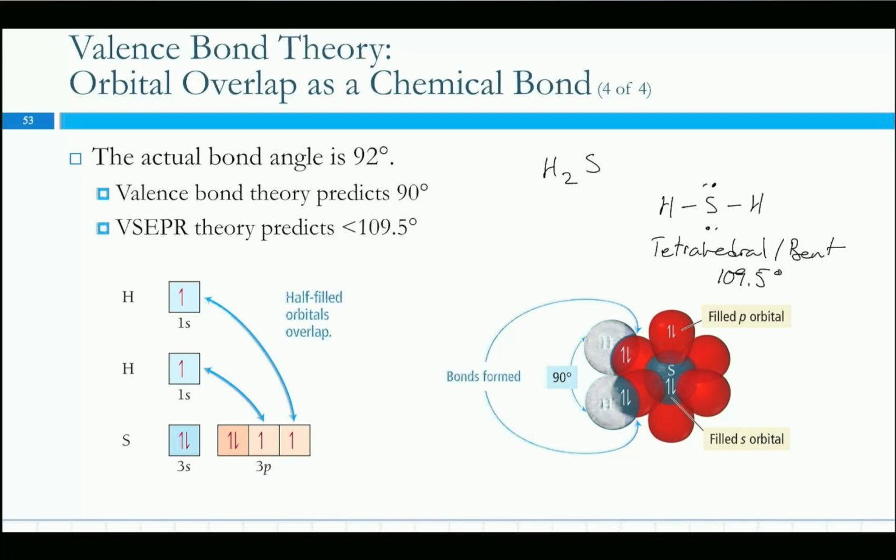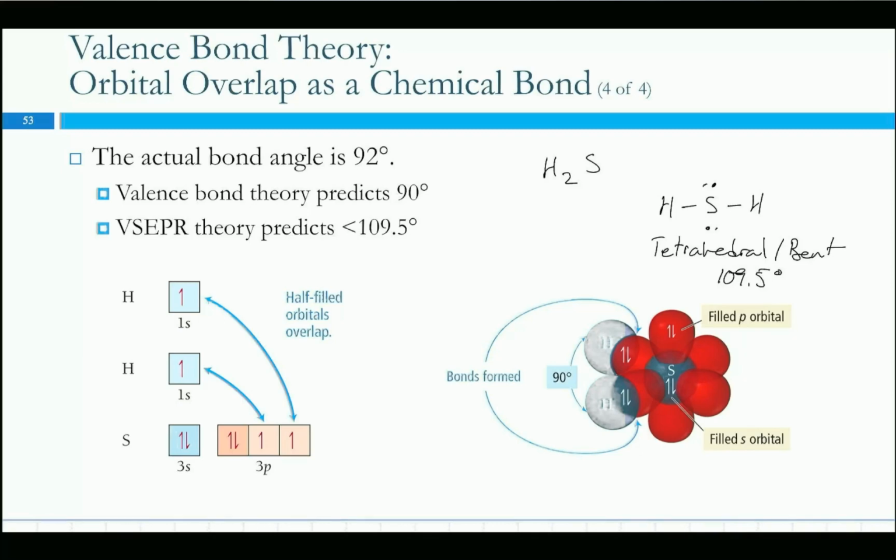So remember, the p orbitals are these red dumbbell ones. And by overlapping with 2 of those, there's no hybridization taking place here. It's not combining any orbitals. So the hydrogens line up with the existing p orbitals on the sulfur. So it gives you pretty close to 90 degrees, since that's the angle between those p orbitals.